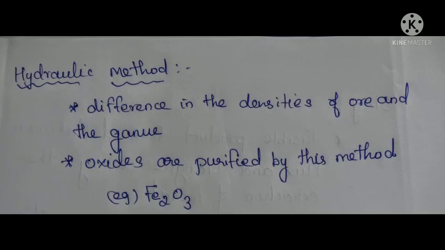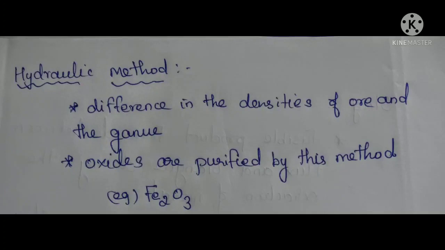See, the main principle behind this hydraulic method or gravity separation is the difference in density of ore and gangue. Based on that, we will separate the ore and gangue. So the main principle behind this method is the difference in density between the ore and the associated impurities, that is gangue.